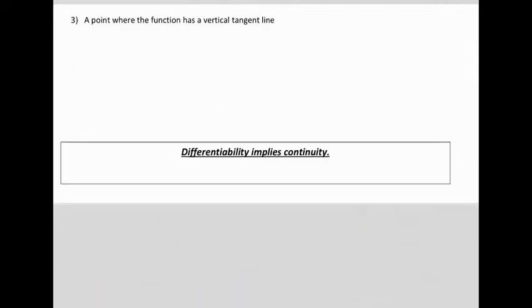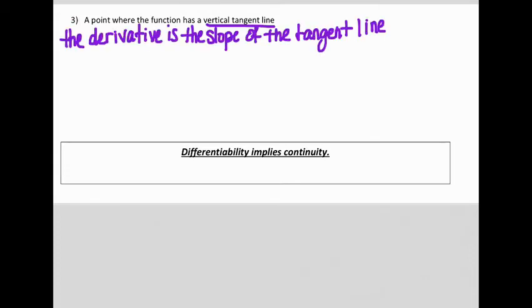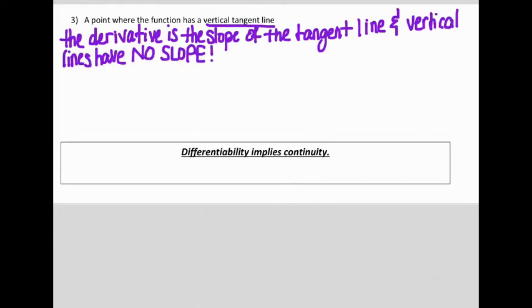Last issue that we could have is a point where the function has a vertical tangent line. Well, the derivative is the slope of the tangent line, and vertical lines have no slope. So let's use the example f of x equals cube root of x.